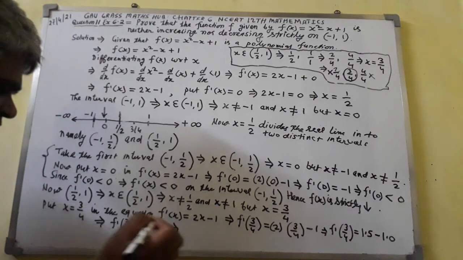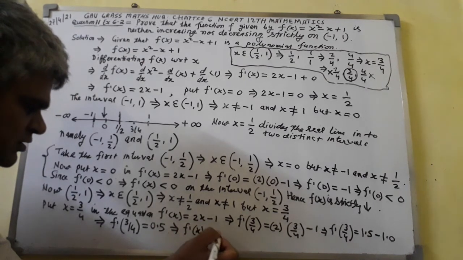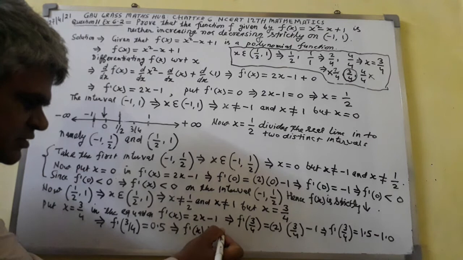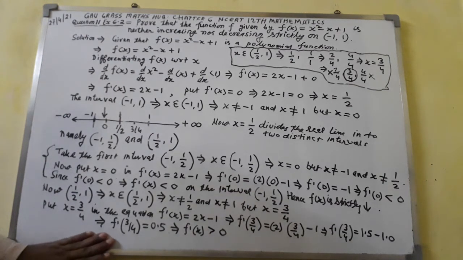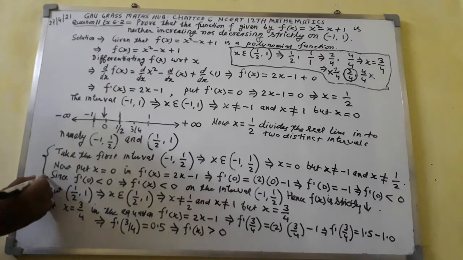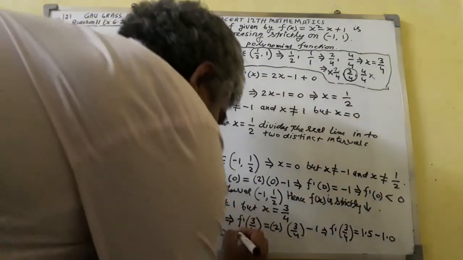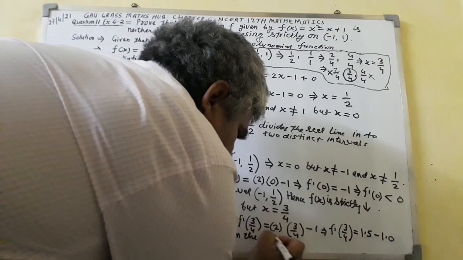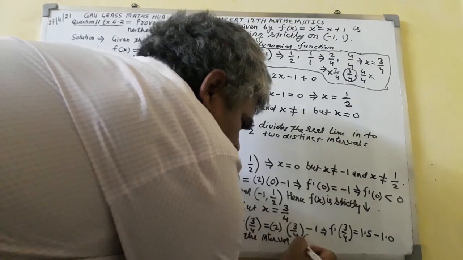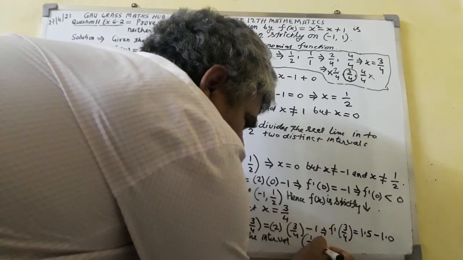This implies that f dash of x is greater than 0 on the open interval 1 over 2 comma 1.